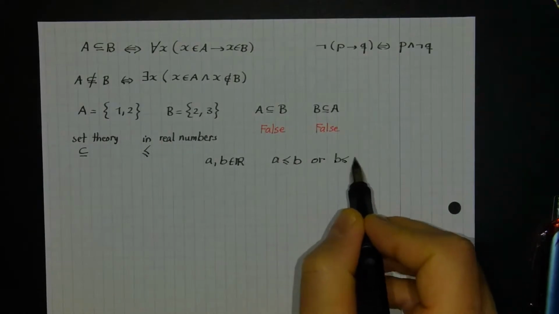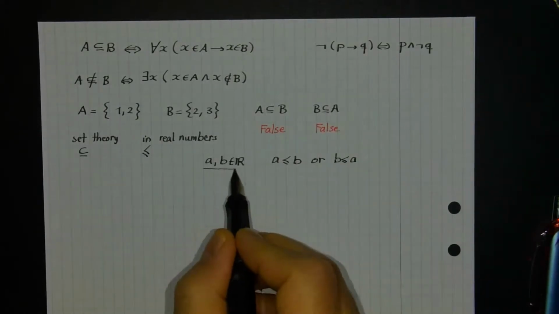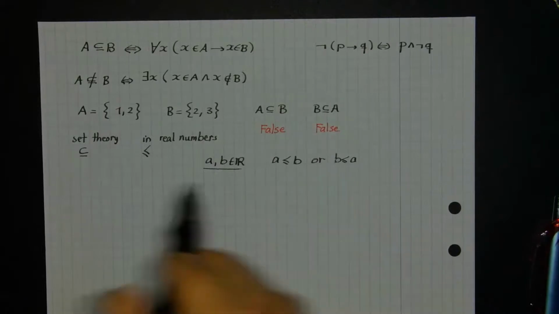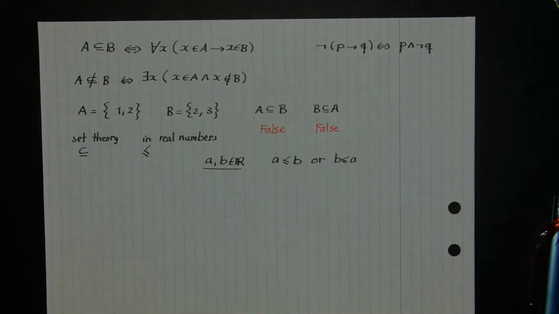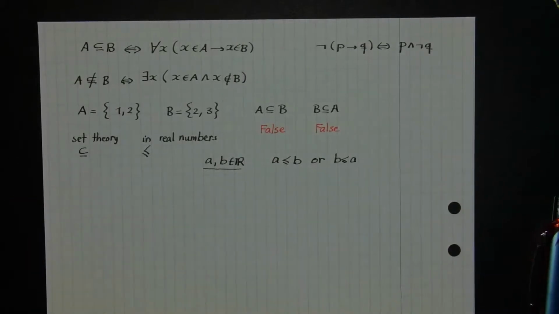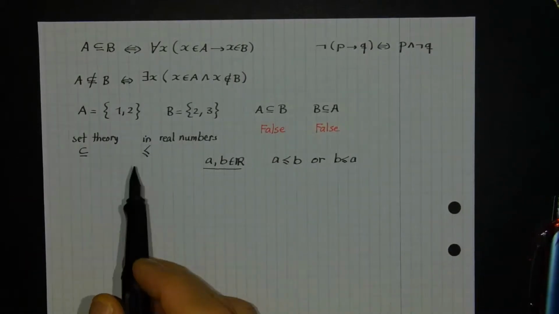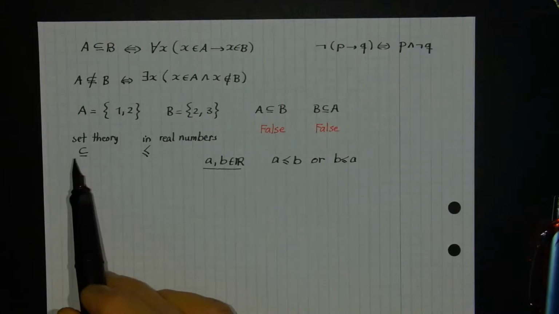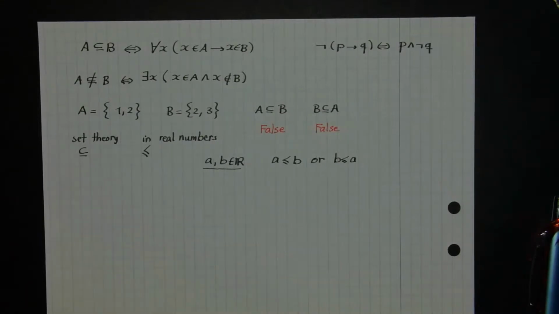If A and B are equal, of course both of them are true. But there is no such guarantee when it comes to sets. It might happen that we have two sets, none of them is a subset of the other one.